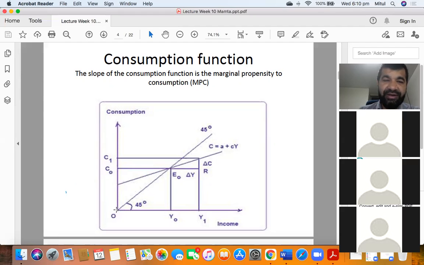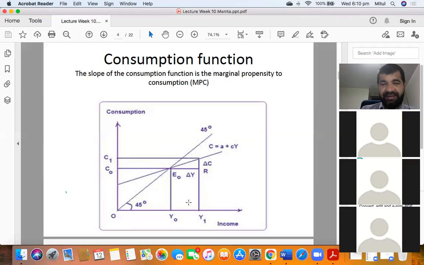If you have 0 income, you still have some consumption. You are consuming something at 0 income too. That's what they mean here. The consumption will start from this point, and this much is your autonomous consumption.